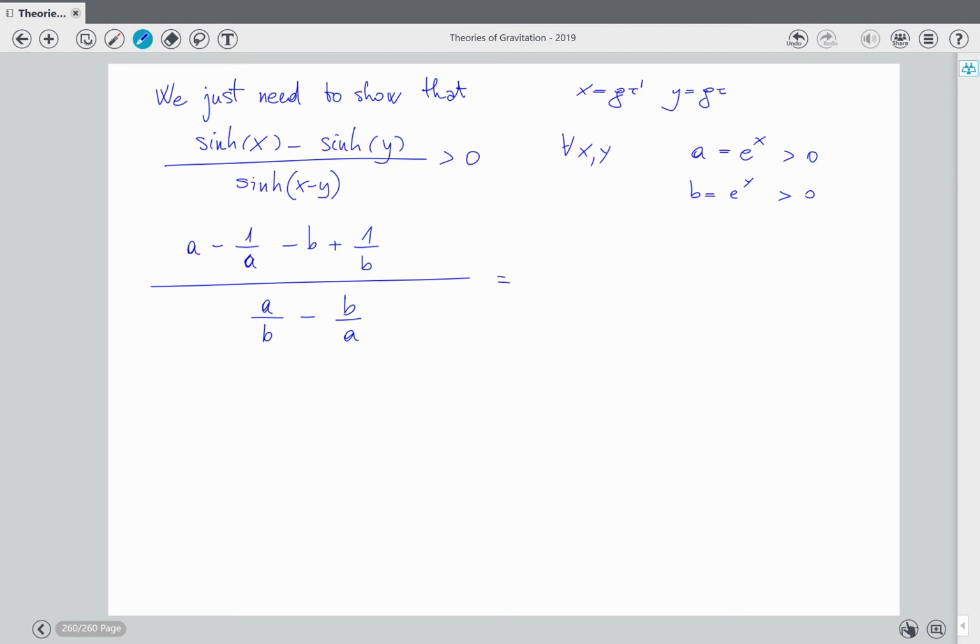Now, if you compute this, let's just multiply by a times b. So you have a squared b minus b minus b squared a plus a, multiplied by ab both.